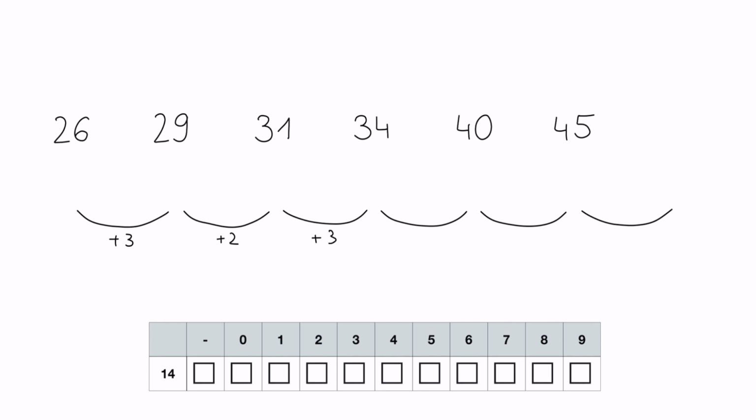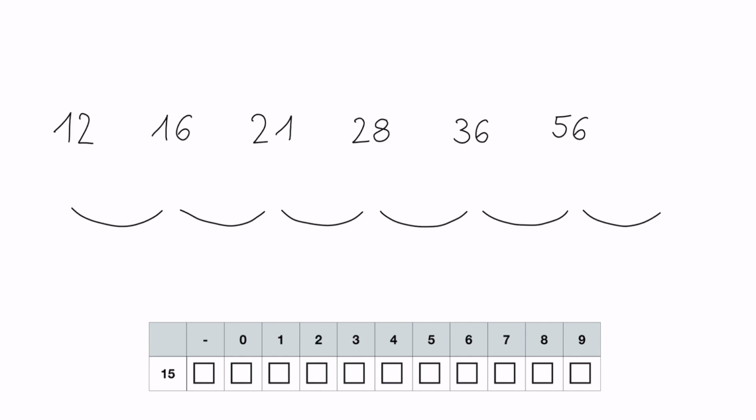So plus 3, plus 2, plus 3, plus 6, plus 5, and then finally we have plus 6 again, which yields 45 plus 6, that's 51, so we'd mark that in the answer sheet. But again, this is a pattern that takes a little longer to look at, so if you see this on the test and you get confused, it's okay to move on to a different task and then come back to this later. What matters is being as speedy as possible again. So, we're marking 51, and then we will move on to the next exercise.